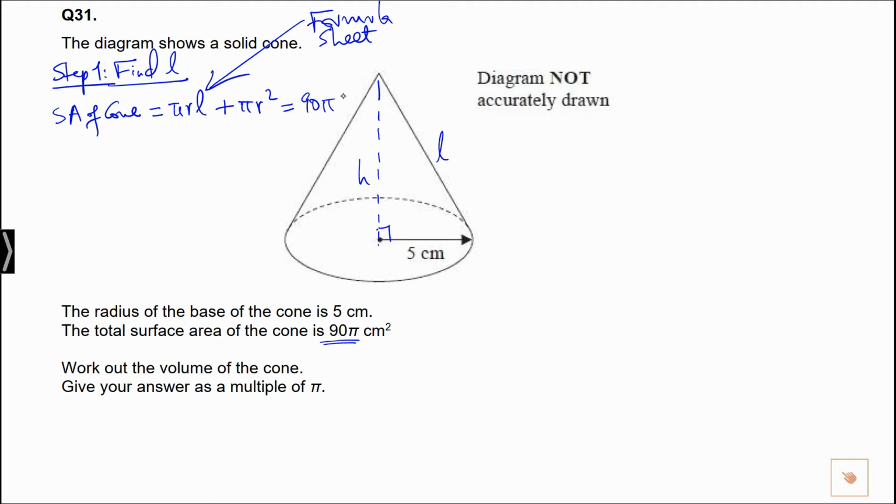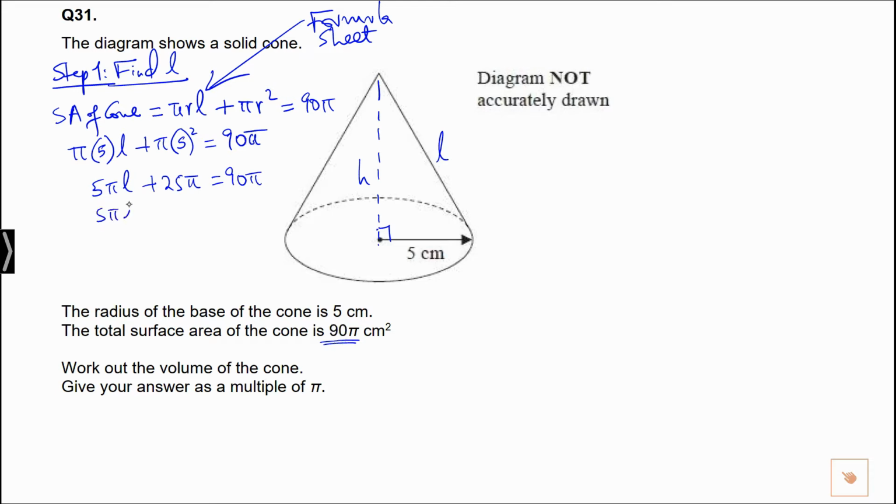So we can substitute in the radius and work out the value of the slant height L. Pi multiplied by 5 multiplied by the slant height plus pi multiplied by 5 squared will be equal to 90 pi. So this will be 5 pi L plus 25 pi equals 90 pi.